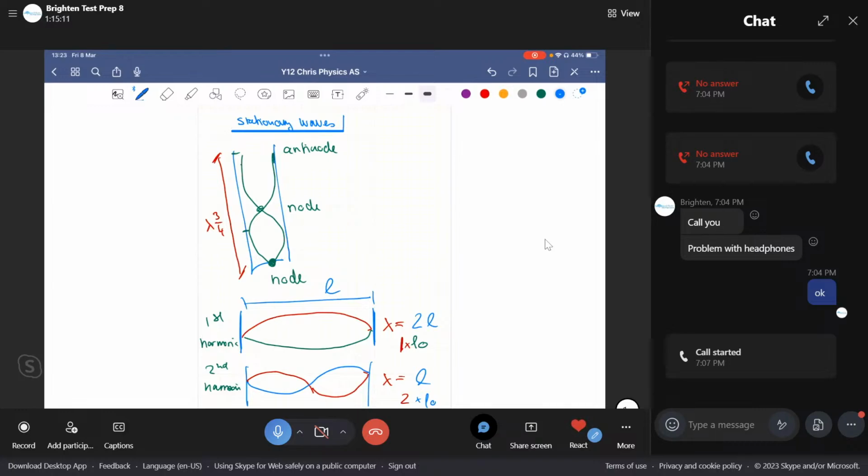So, and then you have the third harmonic and the fourth harmonic and so on. So obviously, then the wavelength is, let's take the third harmonic. What would be the third harmonic in such a situation of the wavelengths? 1.5. Yep. 1.5 at the third harmonic.